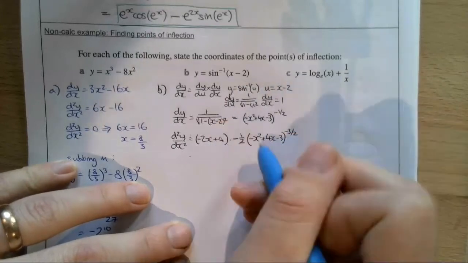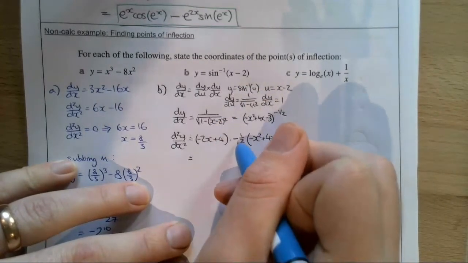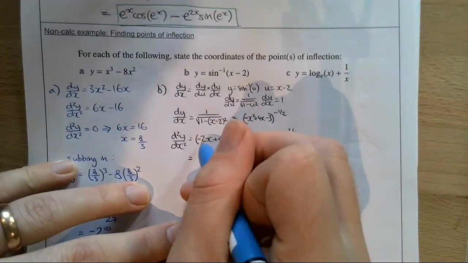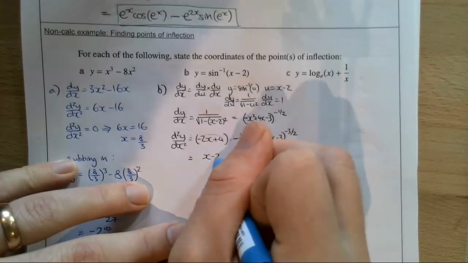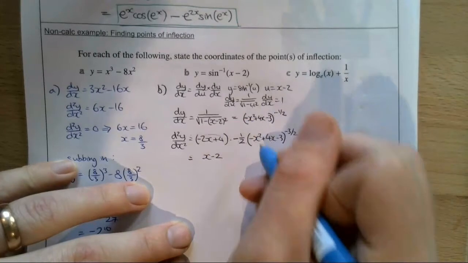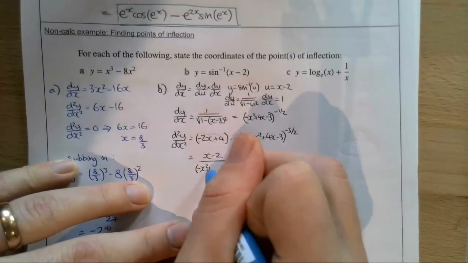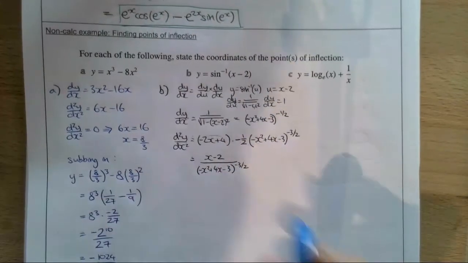So I have minus a half times this bracket, which is going to give me x minus 2, and then multiplied by this, which is minus x squared plus 4x minus 3 to the power minus 3 over 2.